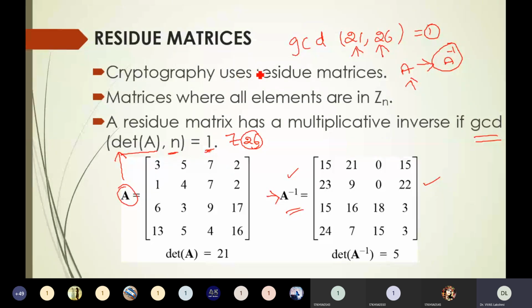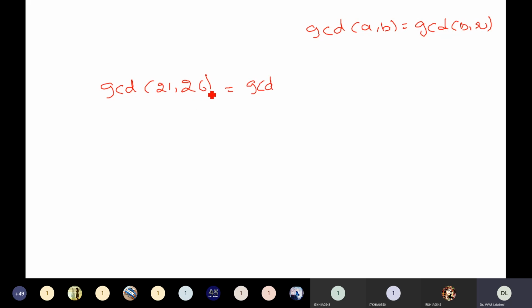So here, GCD of 21 and 26. How do we calculate it? What is the formula? GCD of A, B is equal to GCD of B, R. Here this is A and this is B, so B is 26, and R is the remainder of 21 by 26, that is 21.